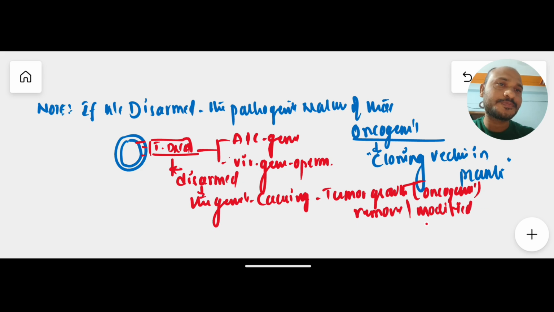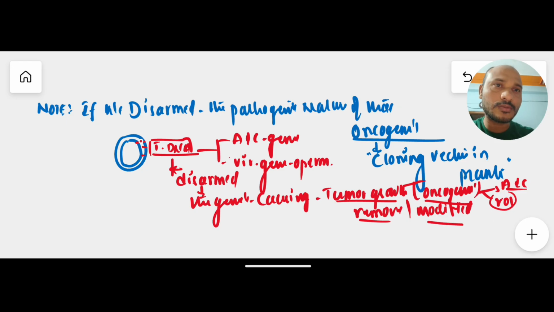So here we need to remove or modify the tumor growth genes like oncogenes. Here oncogenes are auxin and cytokinin genes, and in the Ri plasmid we have rol genes. If we remove these oncogenes or tumor growth genes, and remember the rol gene is in Agrobacterium rhizogenes only.